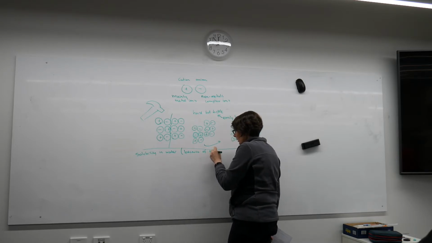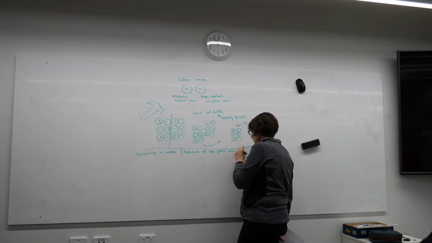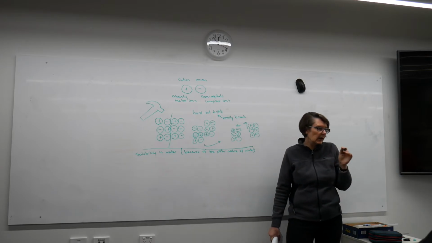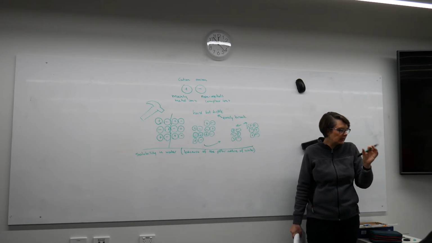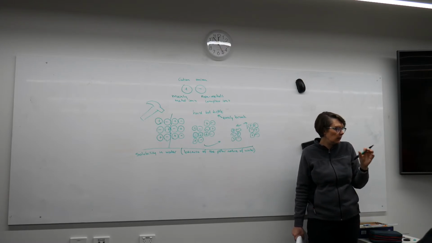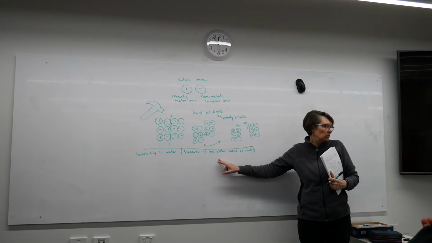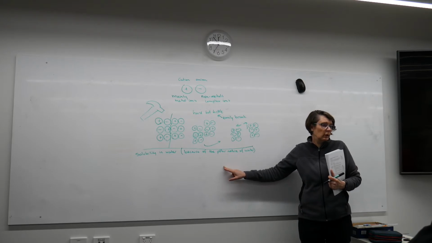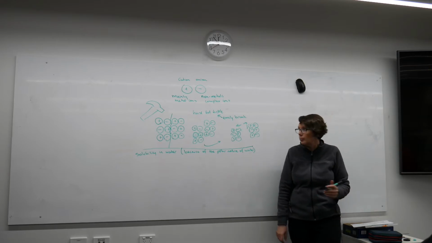Now when Amy was asking before about water conducting by itself, and I said it has a slight charge differential between the ends, that slight charge differential, we call that being polar. Okay, so because water is polar, it can actually break apart some ionic compounds.